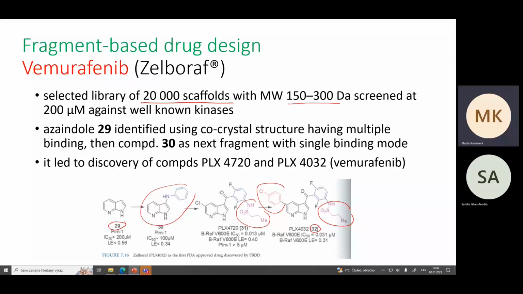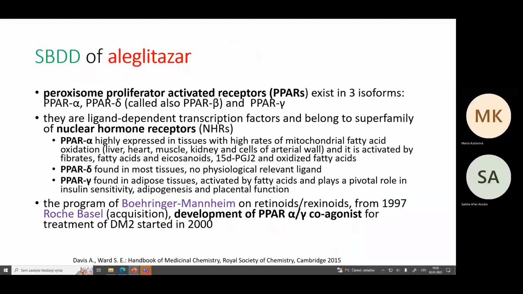So the company did not use real ligands, but only very small fragments, and then used the method of growing the molecule into a real large, clinically used drug.